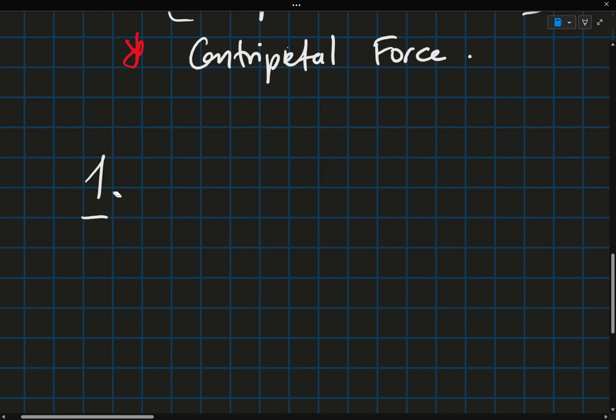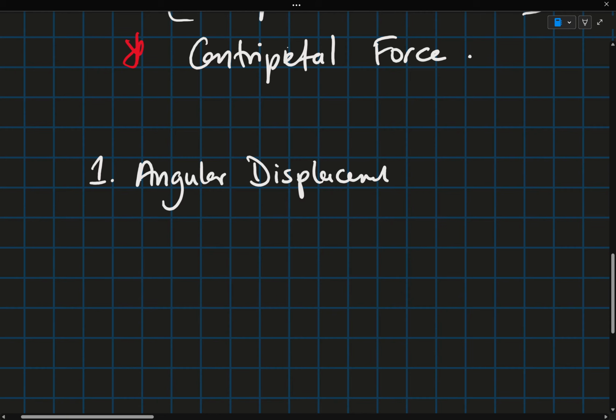The first thing that we're looking at is our angular displacement. Angular displacement is an angle. It is the angle through which an object moves. So remember what we stated.